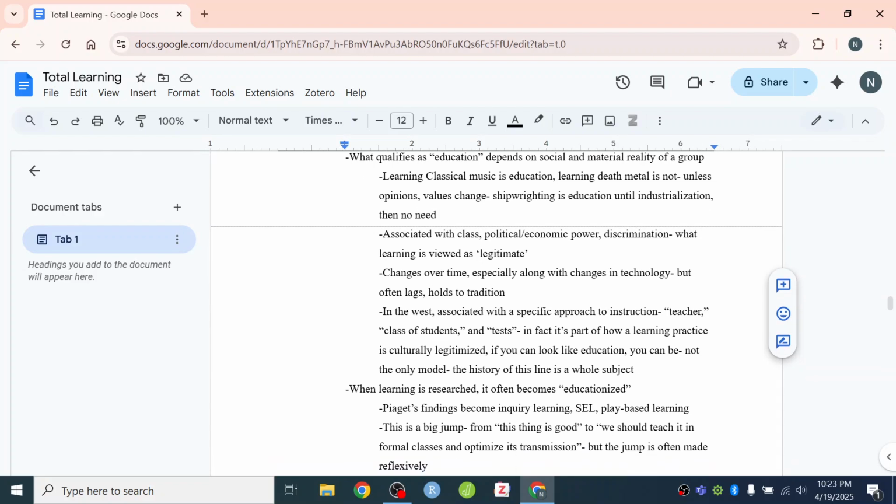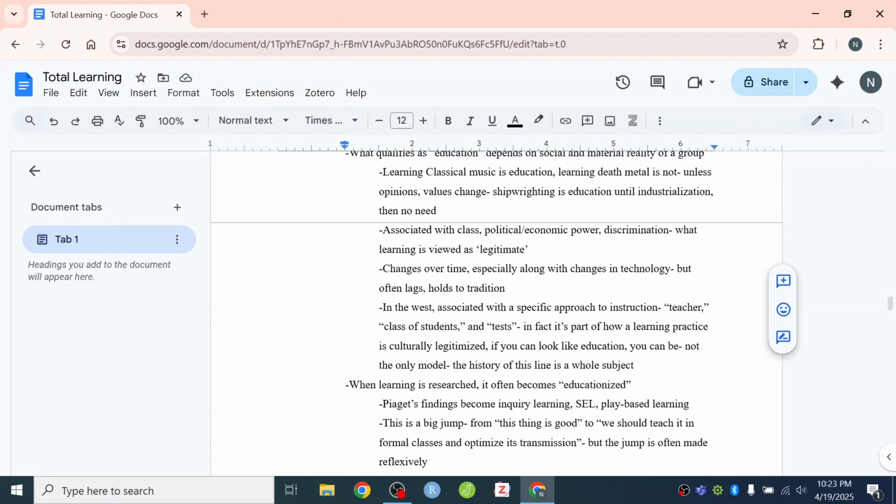Jean Piaget's findings become inquiry learning. Social and emotional development becomes social and emotional learning and can be taught in social and emotional learning sessions in classes by social and emotional learning teachers. It can be tested. Play-based learning becomes play-based learning interventions, the effects of which can be tested and are delivered by a teacher.